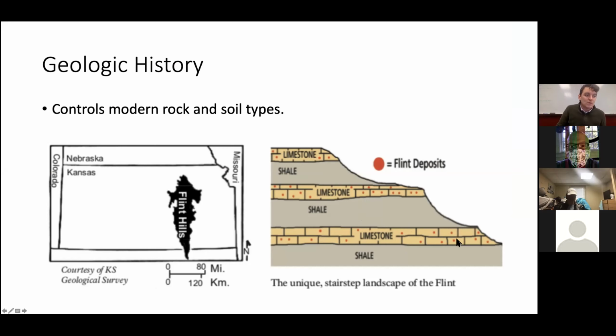And within the limestone, which is basically mud that's formed at the bottom of an ocean by the activity of organisms that produce calcium carbonate shells, when that mud made of the shells and other calcium carbonate producing organisms formed, sometimes there were voids. And in those voids in the mud, maybe a pocket where a shell was or something like that, you would get the formation of flint, which is just a chert.